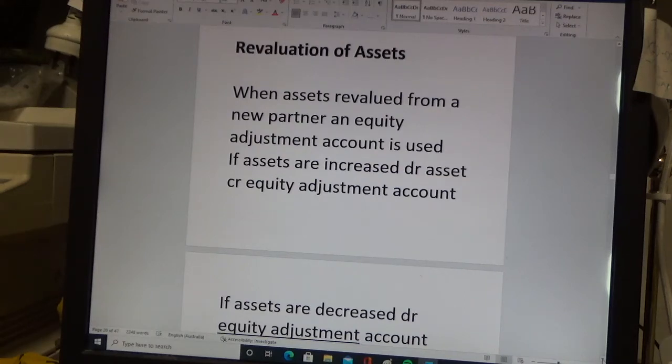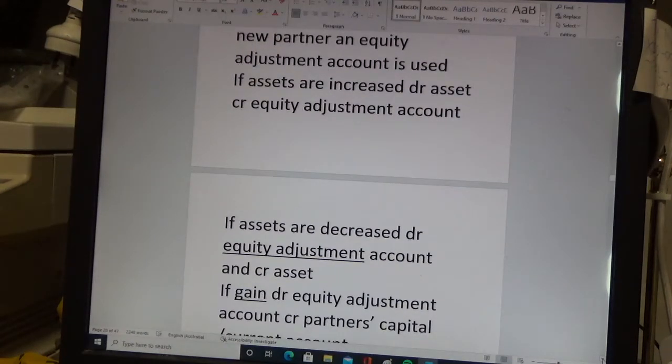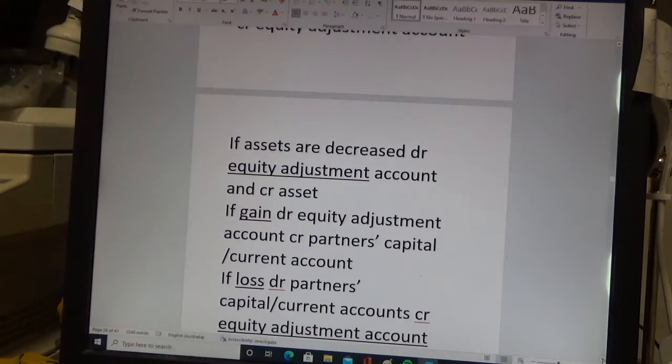So, revaluation of the assets when the new partner comes in. When the assets are revalued from a new partner, an equity adjustment account has to be done. If assets are increased, you debit asset, credit equity adjustment account, and that's the most typical. If assets go down, it's opposite, as we mentioned, but not likely.